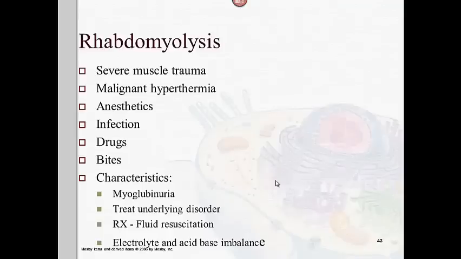Now, rhabdomyolysis. Rhabdomyolysis is a condition where the skeletal muscle is damaged. You have breakdown of muscle cells that are released into the bloodstream, such as myoglobin, which is very harmful for the kidney. That could lead to kidney failure.